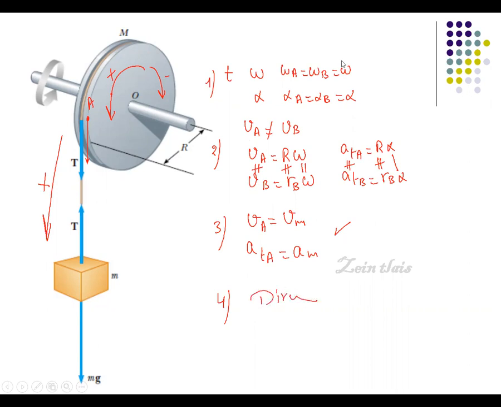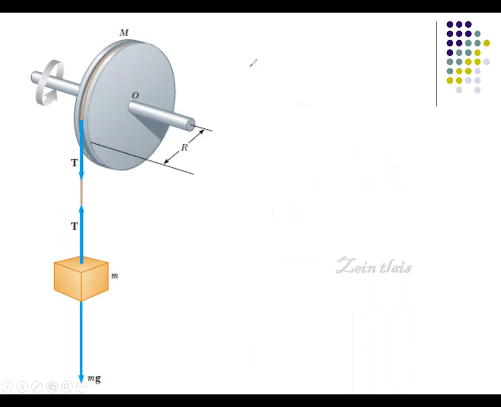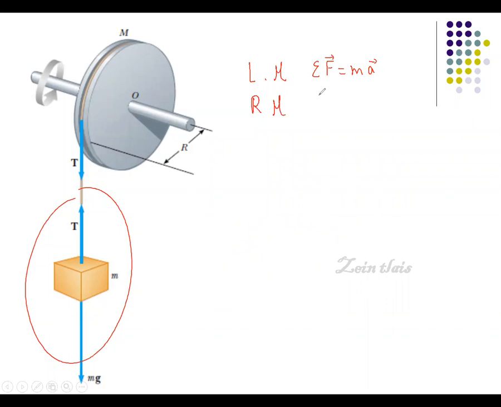The last point: in the case of linear motion, such as the mass m, we use summation of F equals ma. In the case of rotational motion, we use summation of tau equals I times alpha.